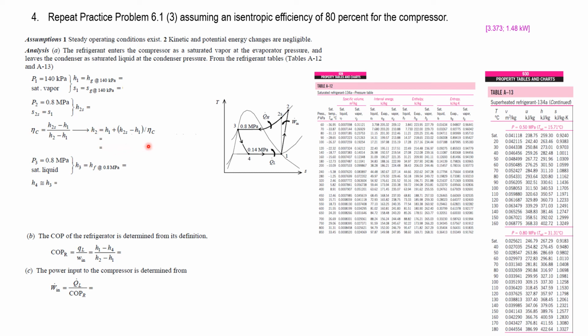That will give you the value for h2. For h3, this should not be a problem because this is at the saturated liquid region here. We go back to the table at 800 kPa, you find what is your hf, which corresponds to this value, substitute it here, which is the same as your h4. Once you've got that, use this formula to find your COP, and use this formula to find your work in.